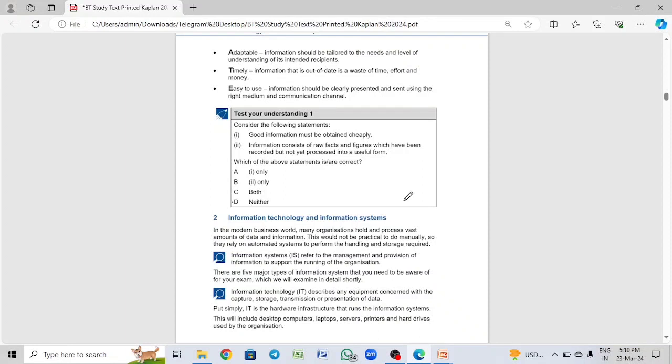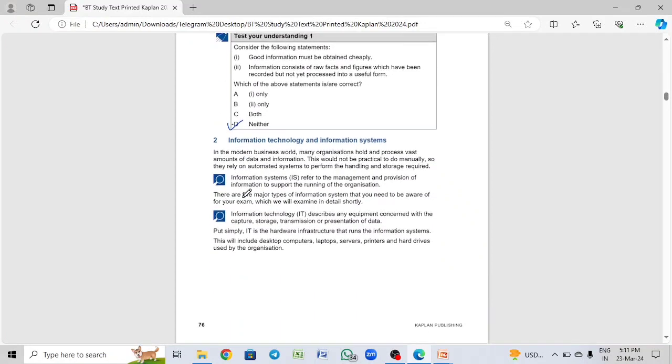Both statements are wrong, because the second is the definition of data, and good information can be obtained by spending a huge amount of money, but it should be cost effective. What do I mean by cost effective? The decision derived from that information should cover the cost of that information. So it is neither.